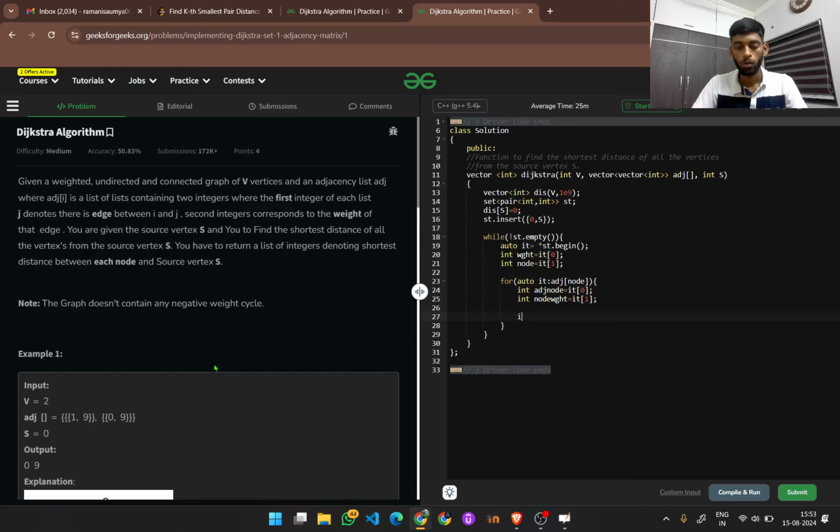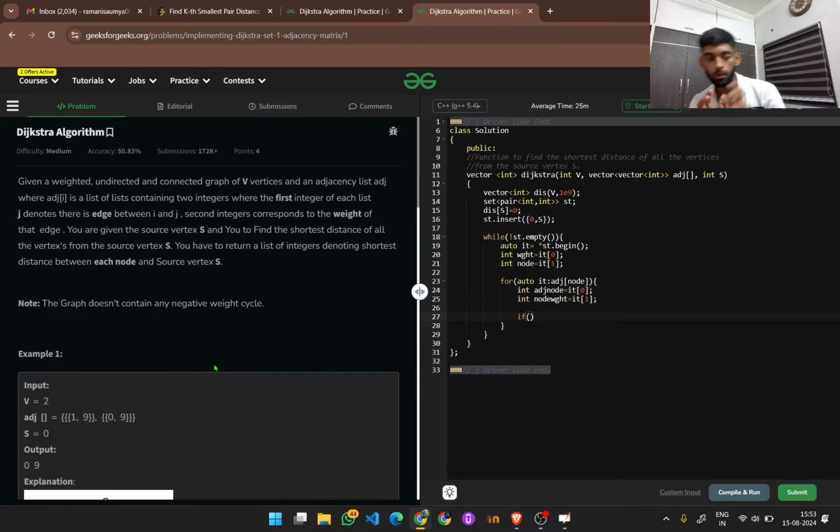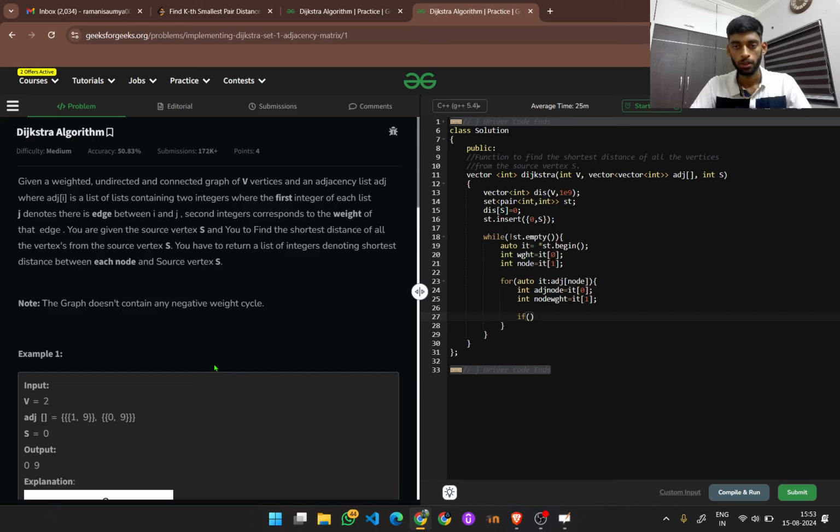Okay. Now we will be updating that particular node value when the weight of that particular node plus the distance of this node, or this addition, is less than distance of adj node.